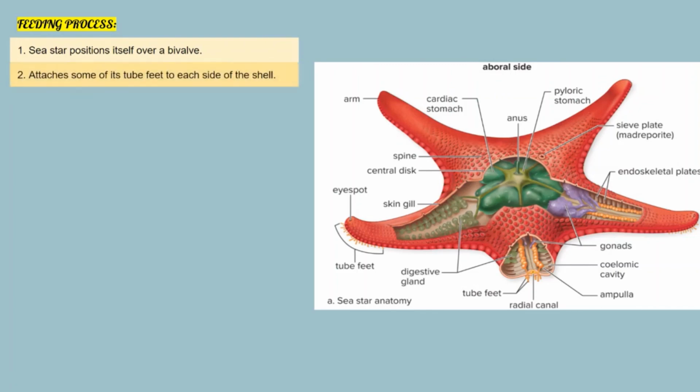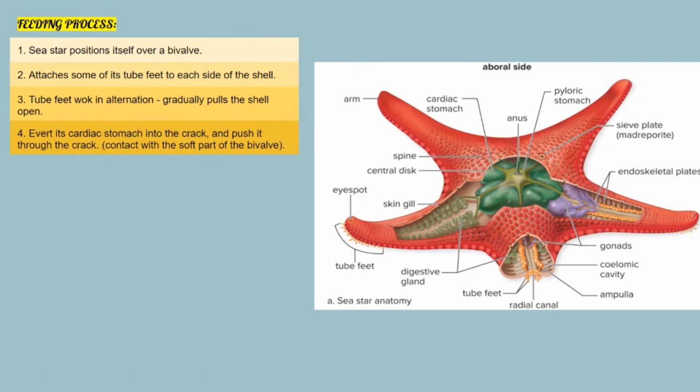And then it will attach some of its tube feet to each side of the shell to gradually pull the shell open in alternation. So it will invert its cardiac stomach into the crack. Even if the crack is just small, it can invert its cardiac stomach into the crack and push it through.